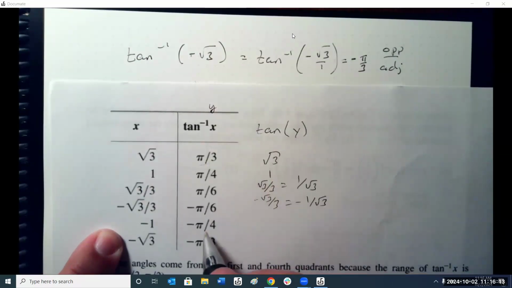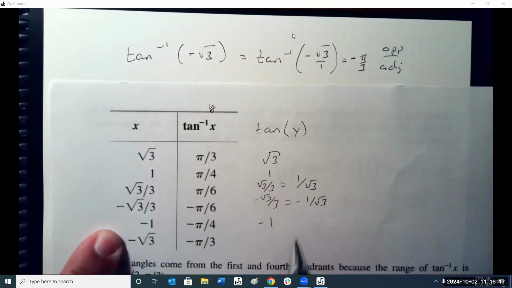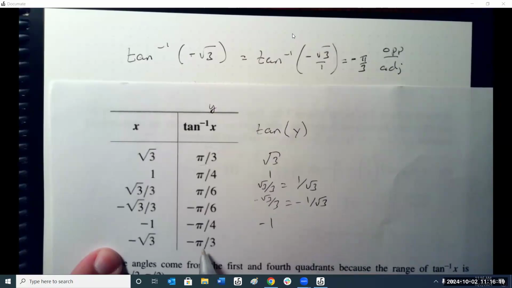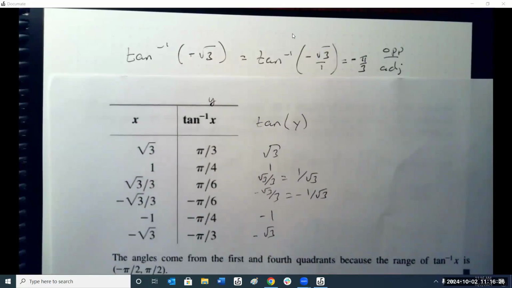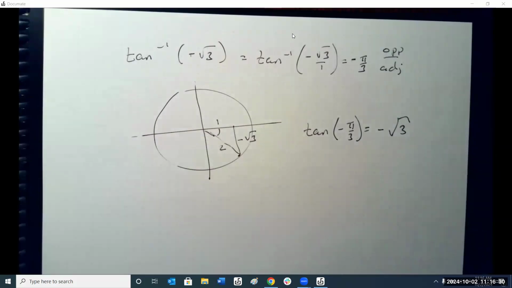So the tangent of negative pi over 4 is negative 1. Tangent of negative pi over 3 is negative radical 3. Yeah, so all the stuff's in there already. All right.